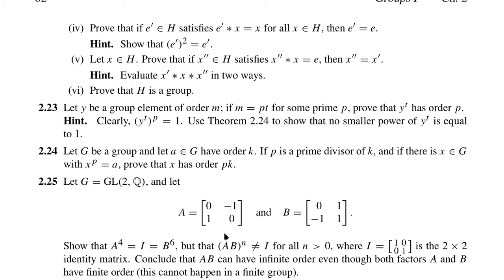If you have an element y of order m, and m can be written as the product of some prime p and some element t, prove that y to the t has order p.